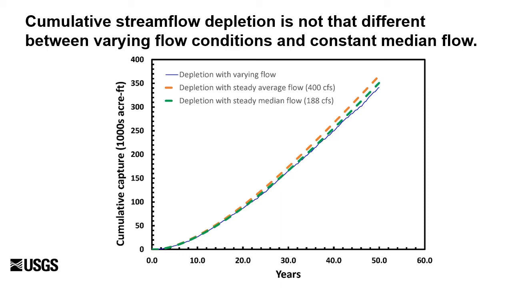And what we see here is that the varying flow depletion curve is very similar to the median depletion curve. And so we've looked at this result in many different instances, and what we're finding is that the median depletion curve does a good job at representing the overall depletion under varying flow conditions.